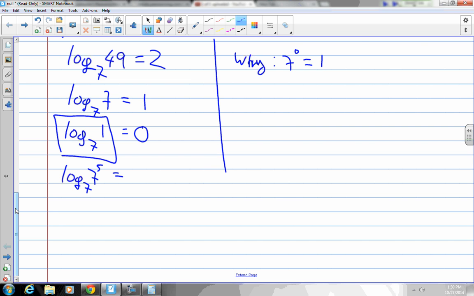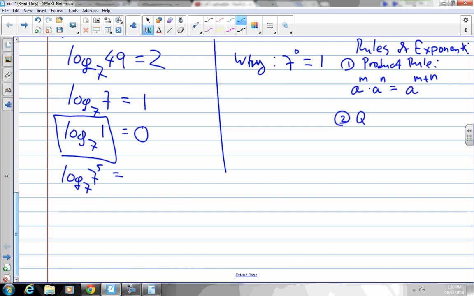Well, let's review some rules of exponents, because we'll need them in this section. So we're not really wasting time at this point. We have the product rule for exponents. If you take a number to the power m times the same number to the power n, what do we do with exponents? Add them together. So the product rule: m plus n, we add exponents. Then we have the quotient rule. It only works with the same base. Right.